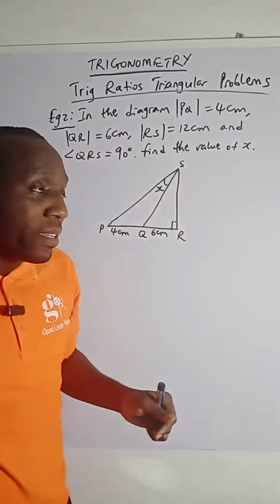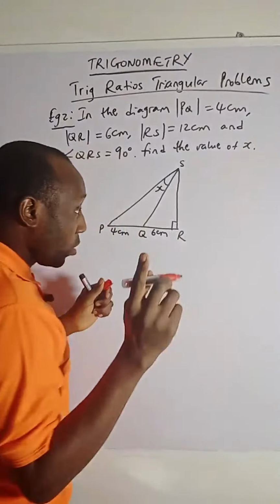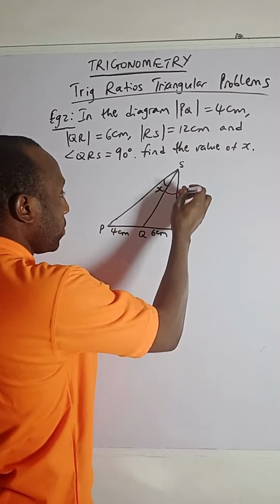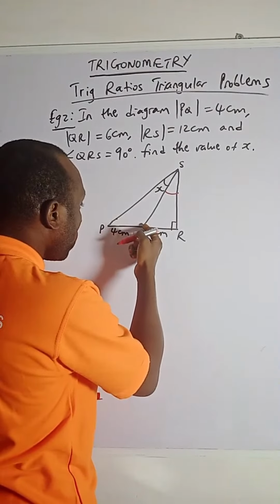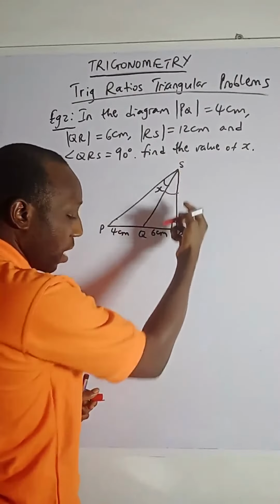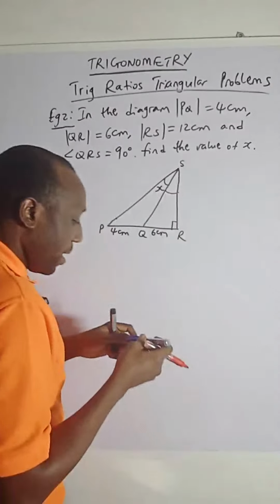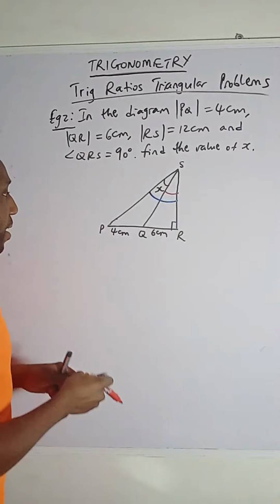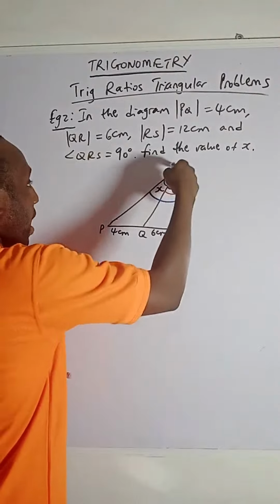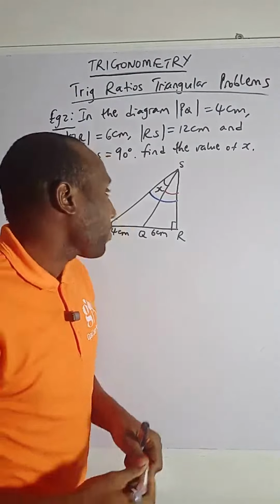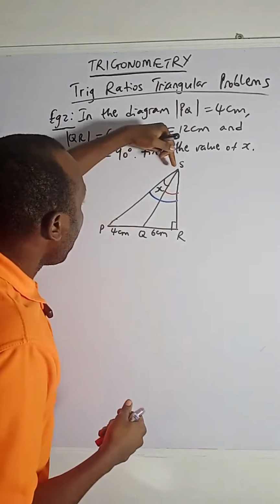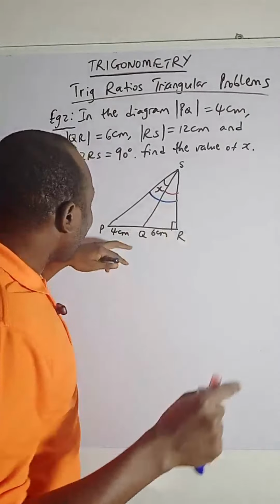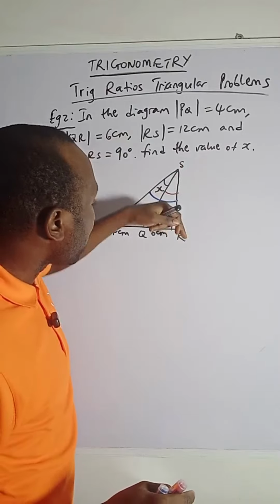If I can get angle QSR, and I can get angle PSR, which is the blue angle, and I can get angle QSR, that's all.